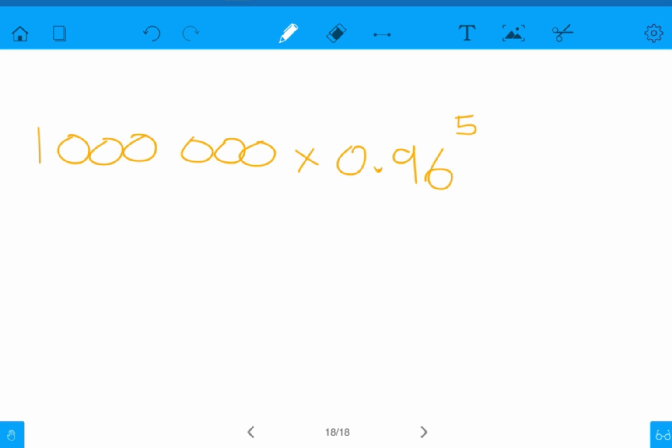So in this case, it's 5. The 0.96 refers to the fact that because the number of hedgehogs goes down by 4%, then 96% will remain, and 1 million is the starting number. This gives us 815,372.